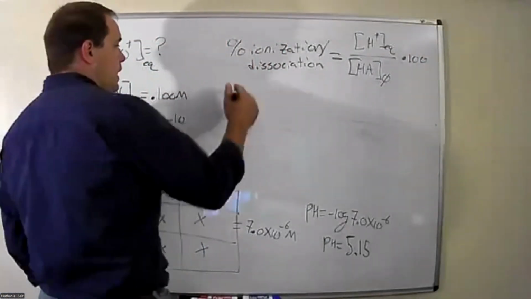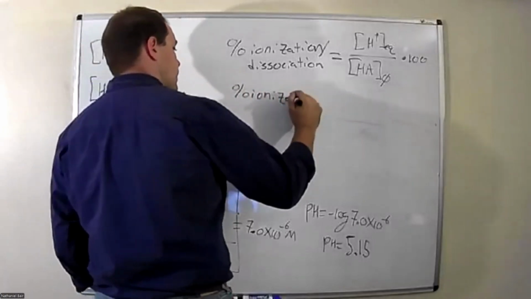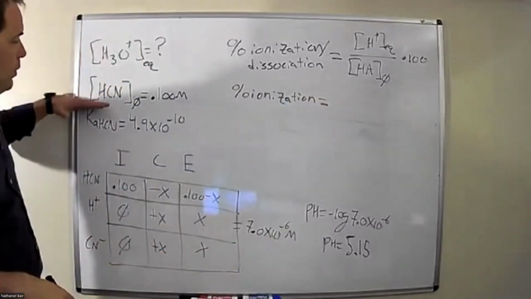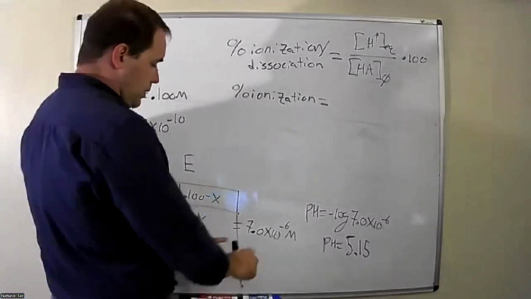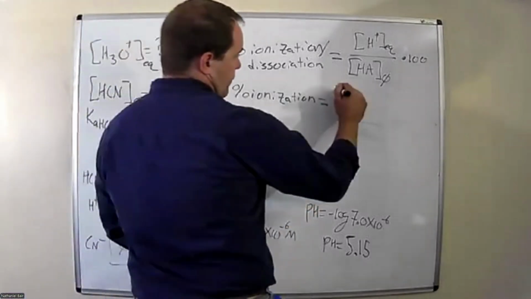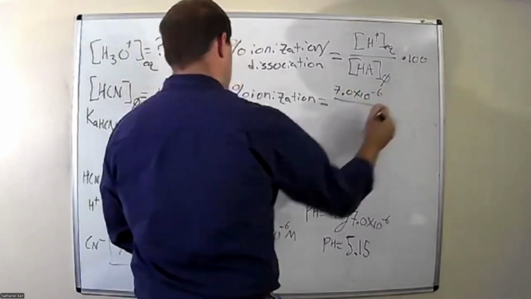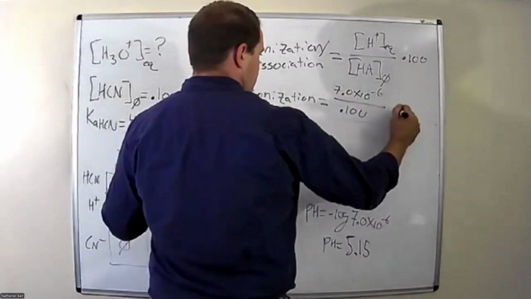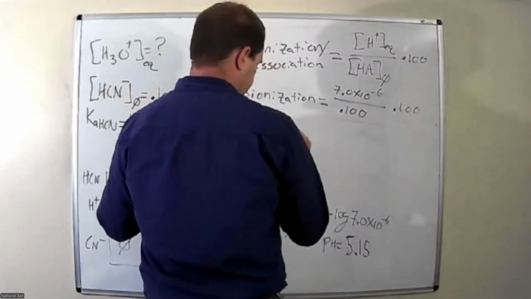So the percent ionization of this 0.1 molar HCN solution is going to be equal to the equilibrium H plus value, so 7.0 times 10 to the negative 6, divided by the initial concentration, 0.1, and then times 100 to make it a percent.